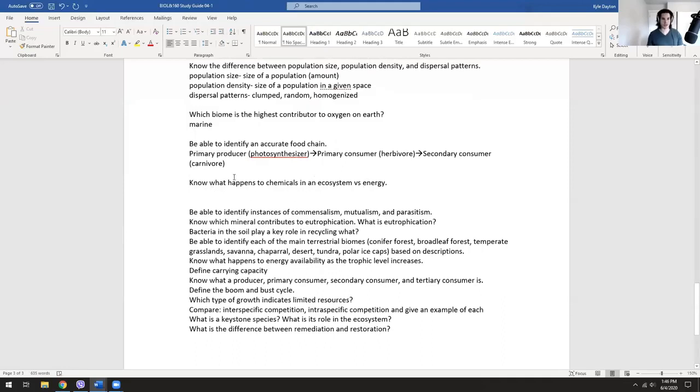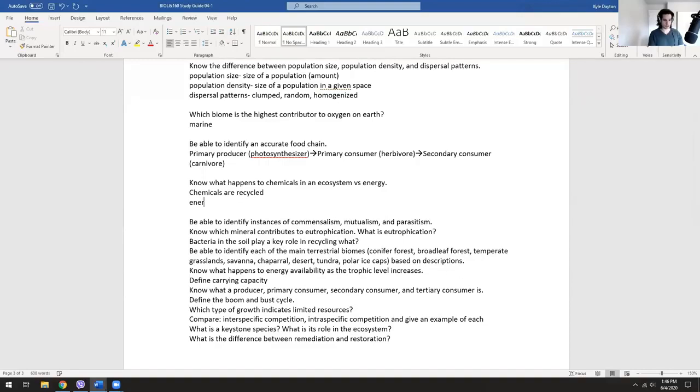What happens to chemicals in an ecosystem versus energy? Chemicals are recycled, and energy is eventually lost to heat. Energy has a linear path, which eventually dissipates with every conversion.